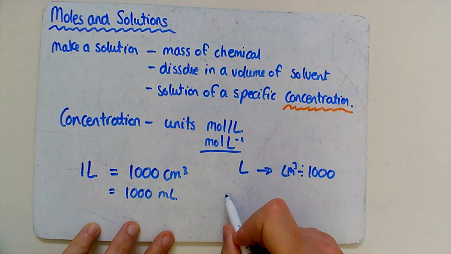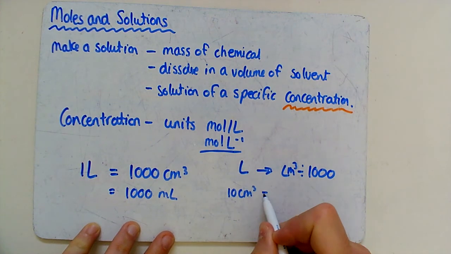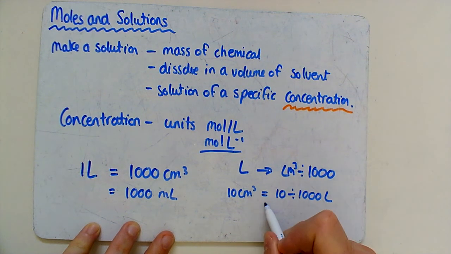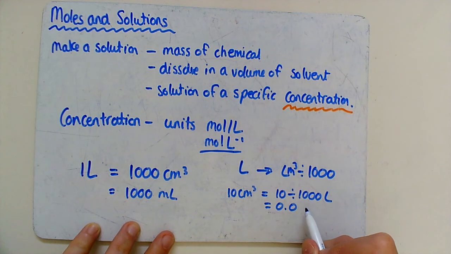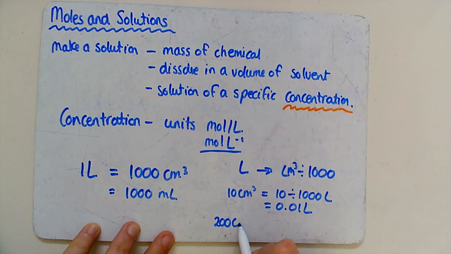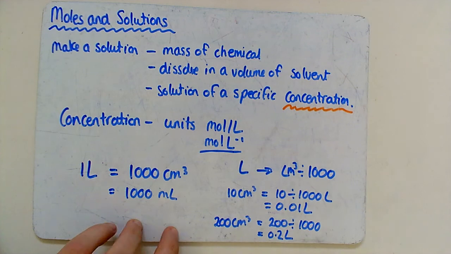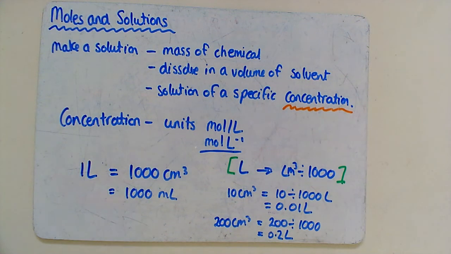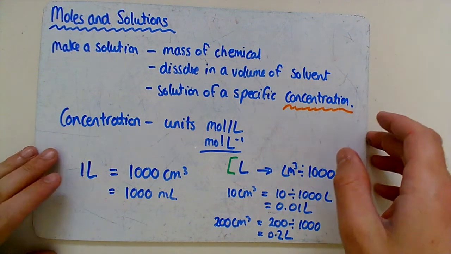So for example, 10 centimetres cubed is 10 divided by 1,000 litres, which is 0.01 litres. 200 centimetres cubed is 200 divided by 1,000, which equals 0.2 litres. So this is important. We need to be able to do that. So if you're given a value in centimetres cubed, to turn it into litres, you have to divide by 1,000.